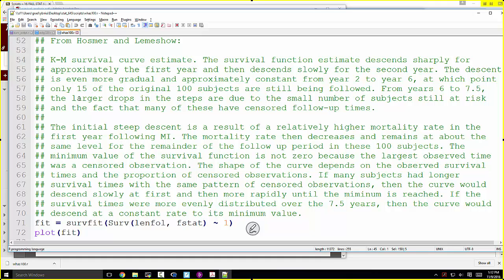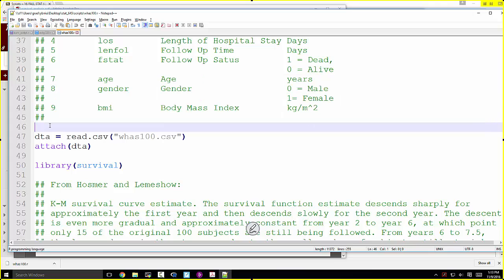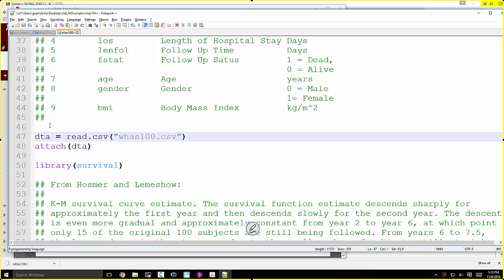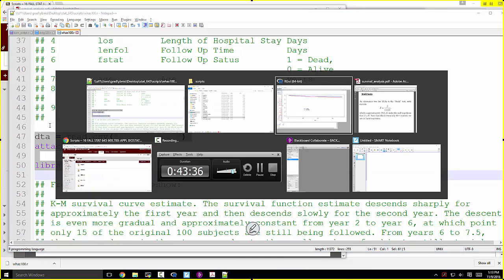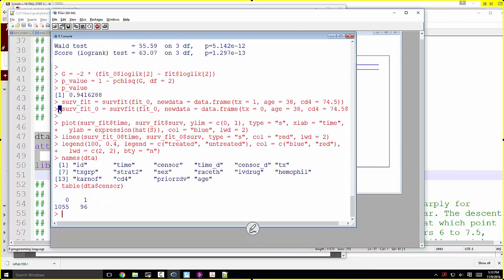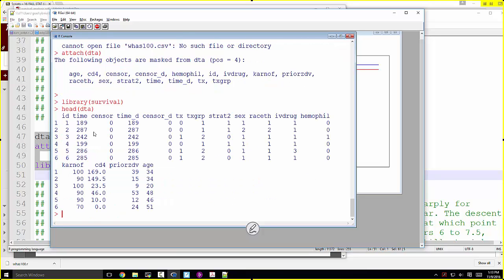Let's look at the survival curves for these individuals. We have 100 individuals. How about we look at the first few rows of the head of the data. Censoring indicator. What is the difference between time and censor and time D and censor D?